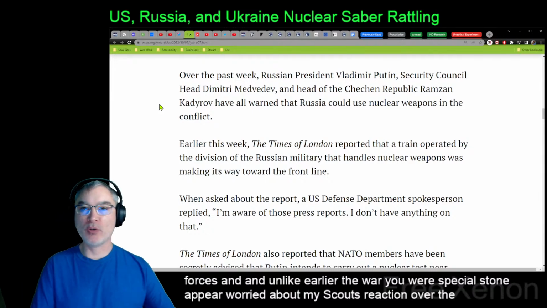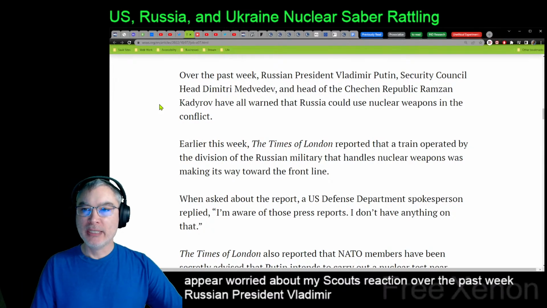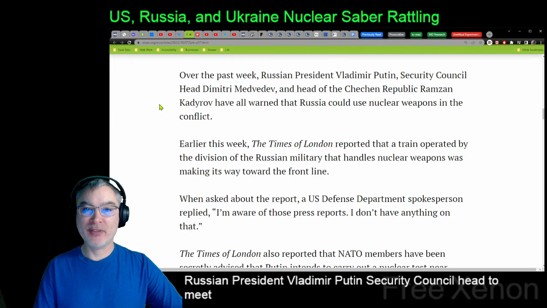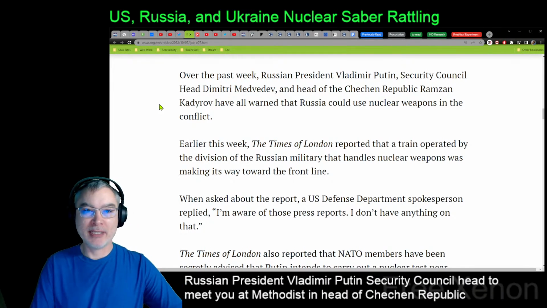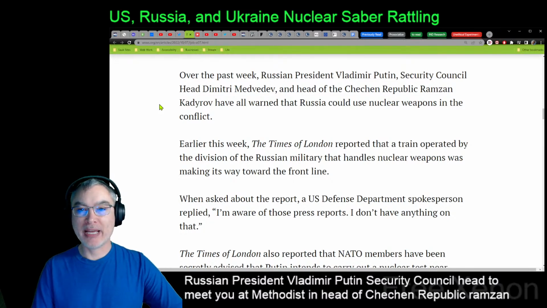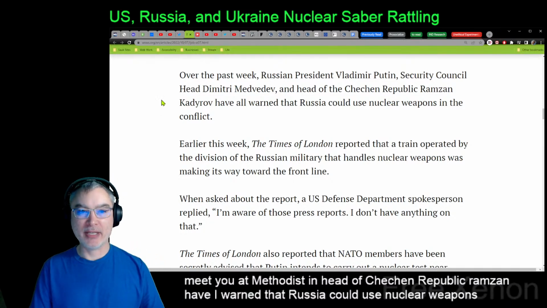Over the past week, Russian President Vladimir Putin, Security Council head Dmitry Medvedev, and head of Chechen Republic Ramzan Kadyrov have all warned that Russia could use nuclear weapons in the conflict.